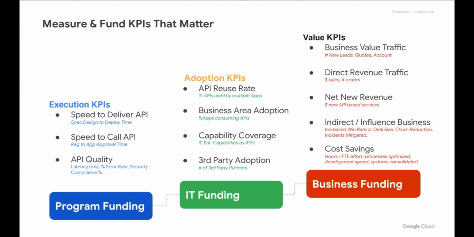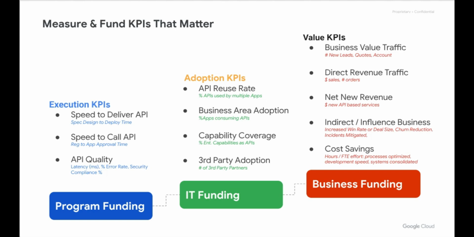And finally, on the far right, we see the business funding and the value KPIs that sit behind that. So what's the business value of our traffic? What does it lead to in terms of new business? What's the revenue we're generating, both direct and indirect from our API traffic? So direct might be from API monetization, where potentially we are directly charging for access to our APIs.